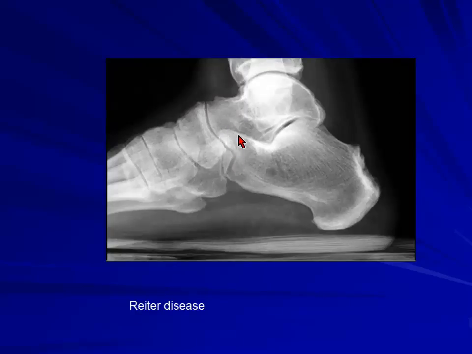Now you see this one. You've got coalition here, and then you look at this, and there is erosion, irregularity, and sclerosis. You can argue that this could be Achilles tendonitis causing this, but if you look at this, this is the Achilles tendon coming and inserting here, because this density is the tendon. And this erosion is Reiter's disease. Reiter's can involve the feet, and involves this first, and it goes into the hand.